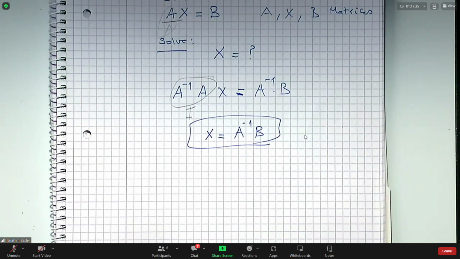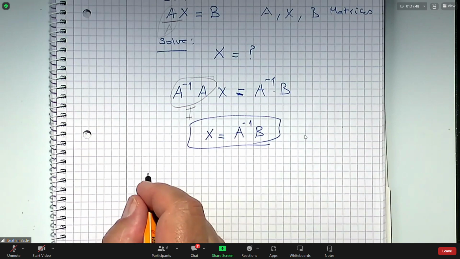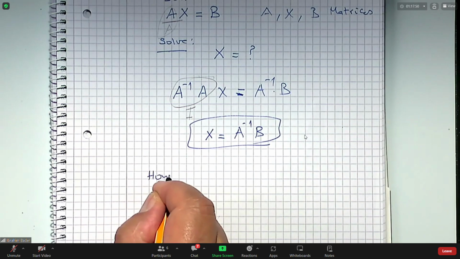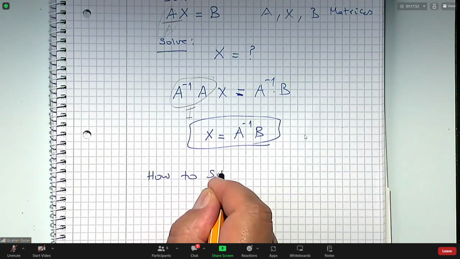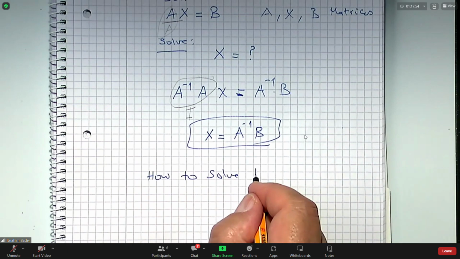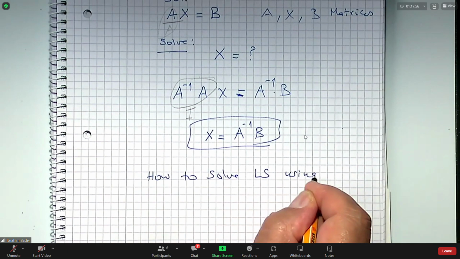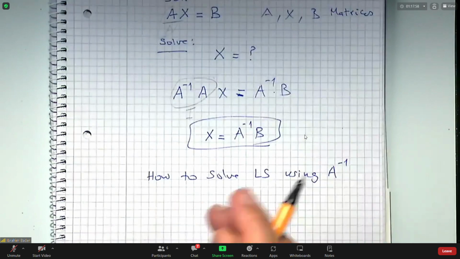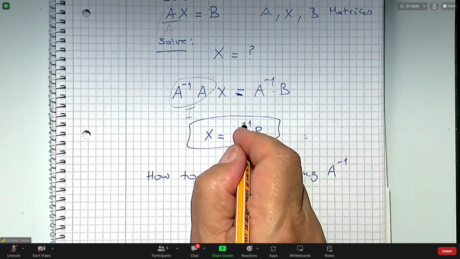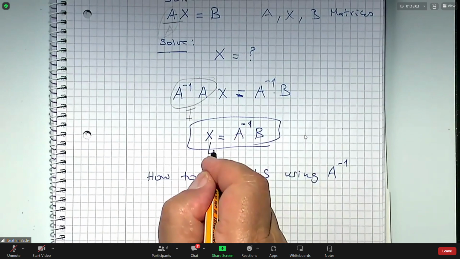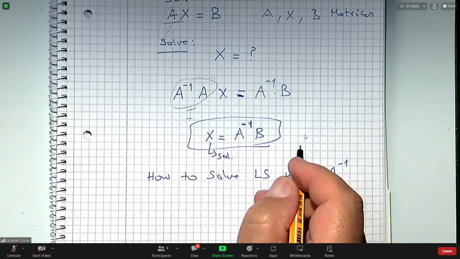Okay, I think at this stage we can stop and take a small break. Then after the break, we will get a real life example how to solve a system using A inverse. As you see here, this is the solution of the linear system.